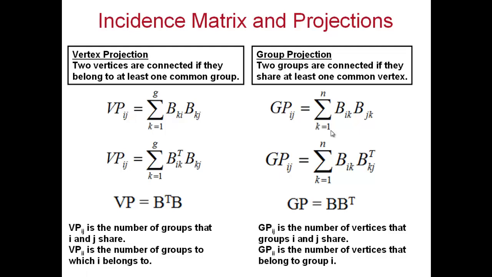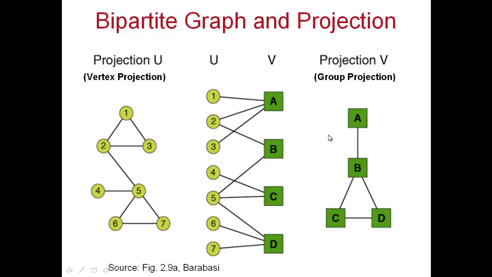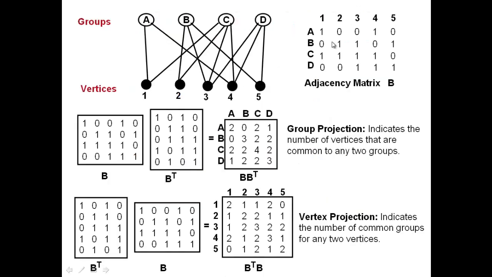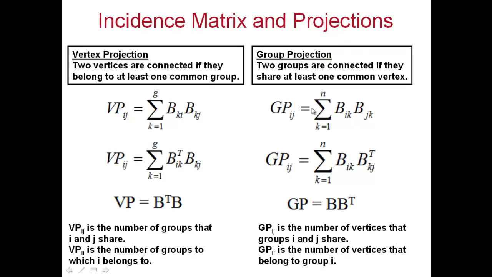So K can go from 1 to n, if K is affiliated to both I and J. You see the convention that we have here is that the group is the row. So I and J are the groups.